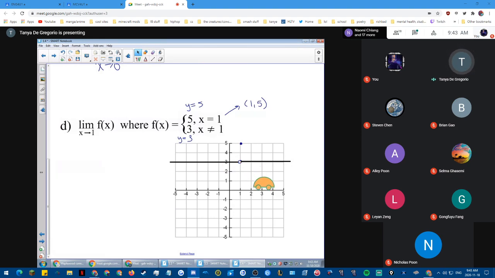If we evaluate this limit, what is it? It's 3. Good. It equals 3. And we'll make a little note. Since right-hand limit equals left-hand limit, it equals 3.